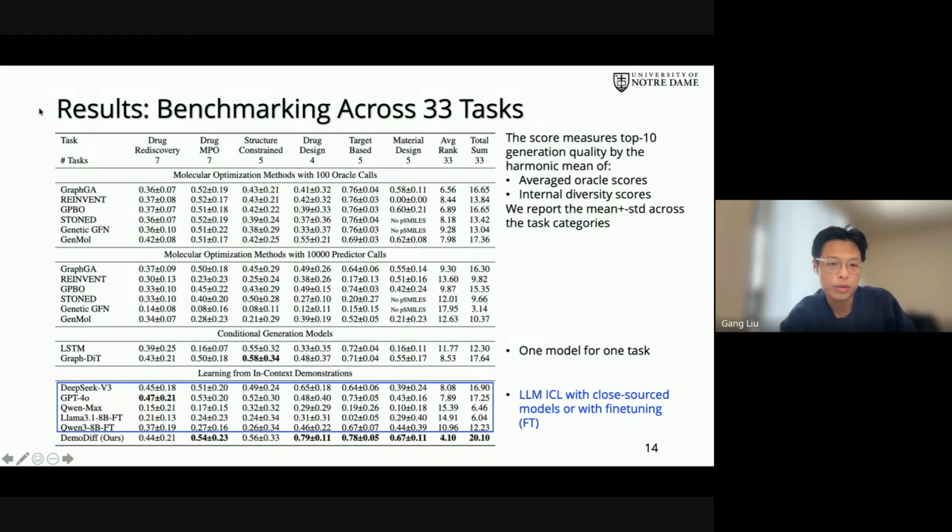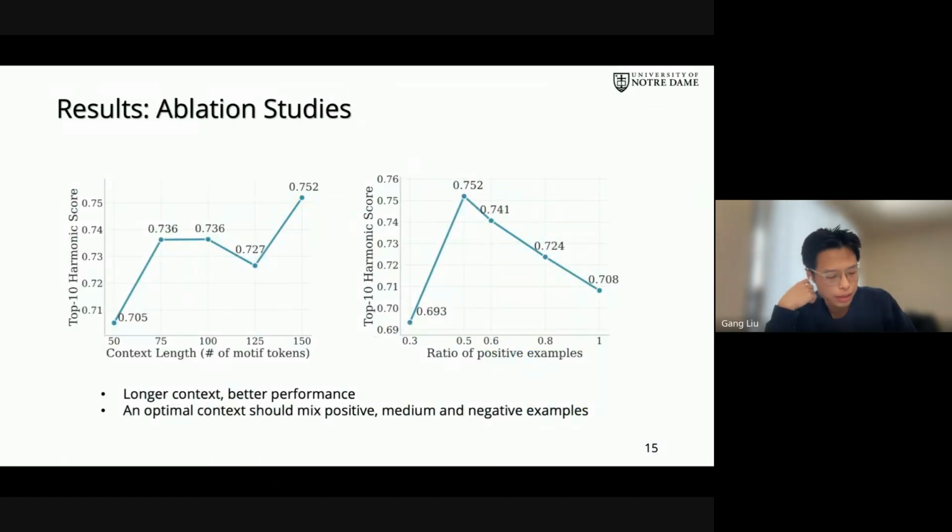Except for the drug rediscovery task and the structure constraint task, DemoDiff outperforms all the other 19 methods on the average task scores. That's about the table. Then in ablation studies, we evaluate 2 settings for DemoDiff: one is the context length, and the other is the ratio of positive examples.